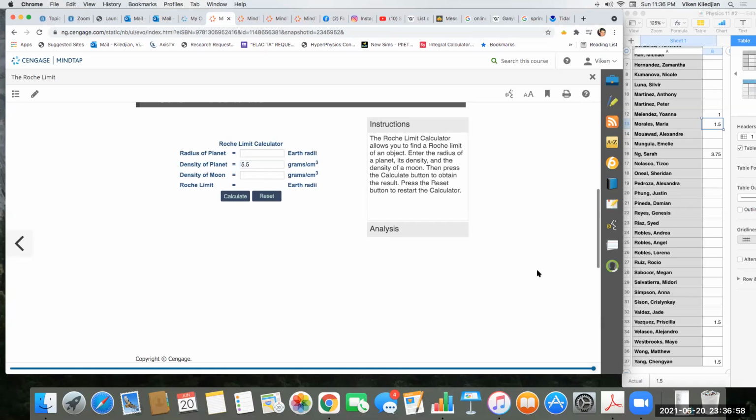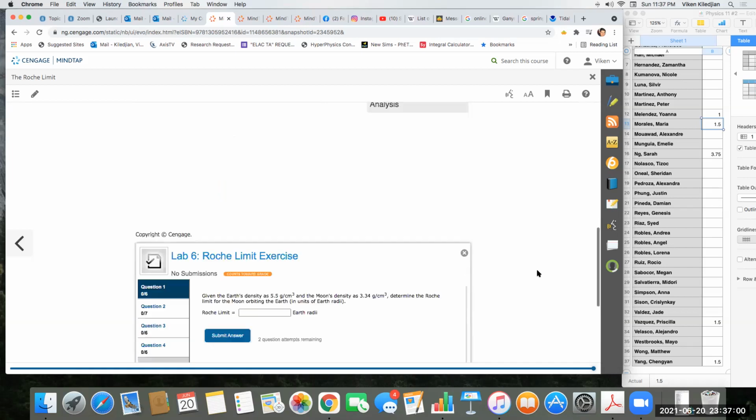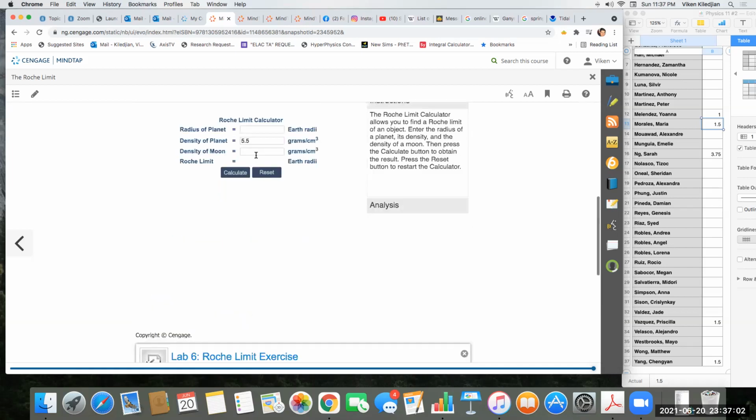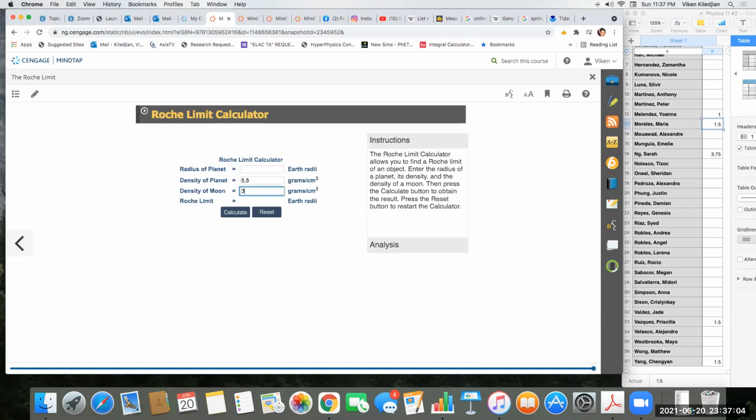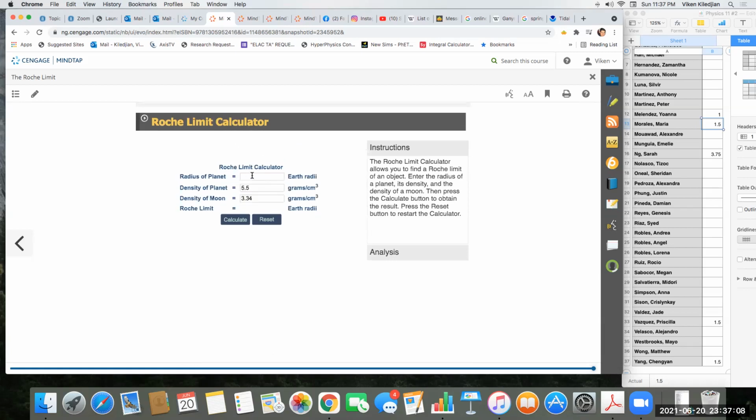Density of moon 3.34. And the radius of the planet I'll just put as 1, because the answer that they want is in terms of the radius of the planet. Okay, calculate. 2.834. So notice in our case, the moon is actually less dense than the Earth.